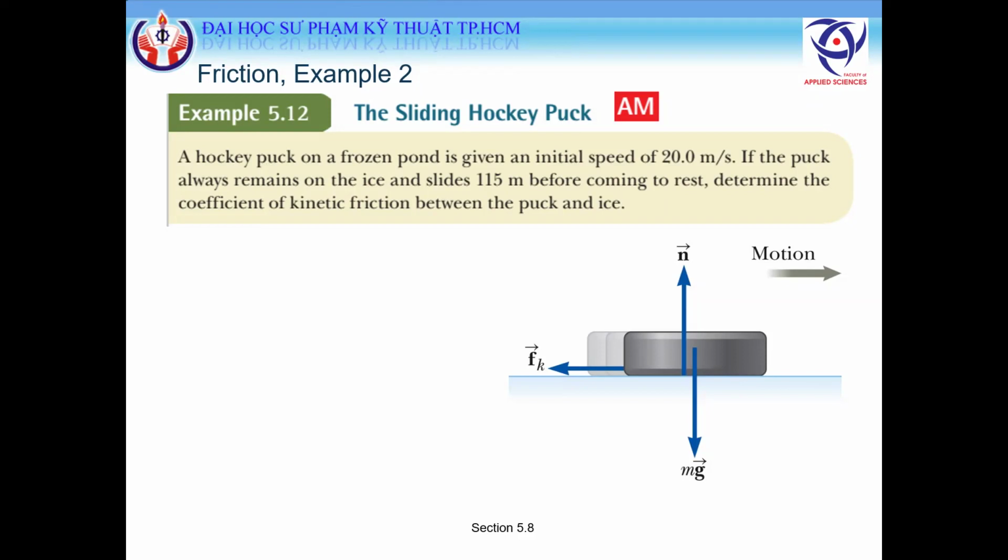Remember that. So the Fk vector is in the opposite direction with the velocity vector. Remember that, right? Always. So in this case, the expression of Fk is mu k n, but because n is mg, so you have here mu k mg.